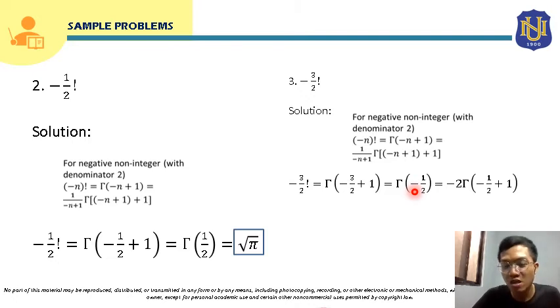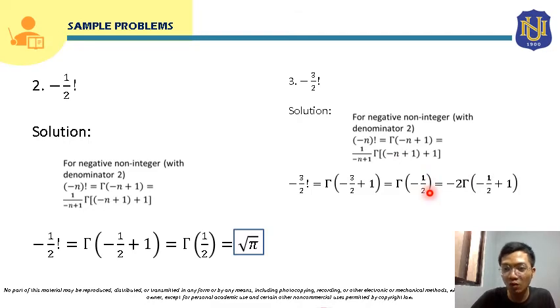From here, we are going to apply this now. What we're going to do here is add 1 here: negative 1 half plus 1. Since we added 1 here, our rule is that we have to multiply this by the reciprocal of negative n plus 1.